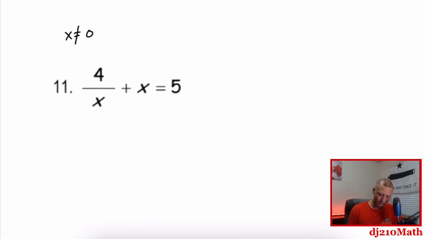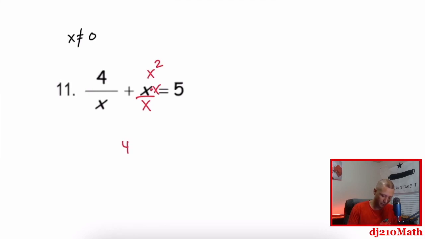So to get a common denominator, I've got to multiply top and bottom by x. So that's basically going to be x squared up top. So this is going to be 4 plus x squared over x equals 5.